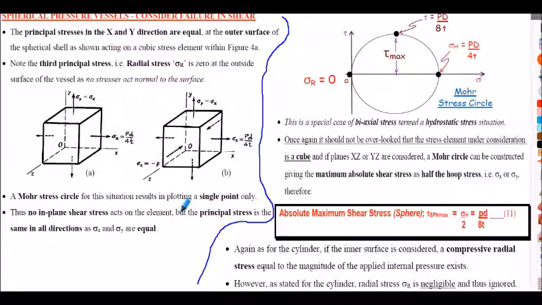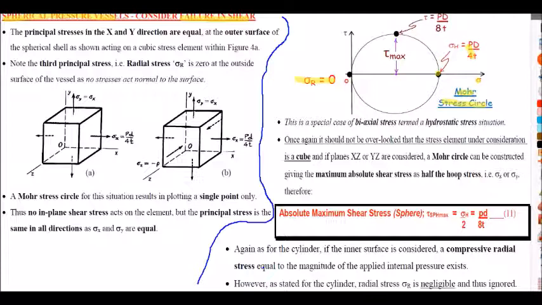And again, this relates to the failure of a spherical pressure vessel. This is considered failure in shear. If we go through the same process we looked at previously for cylinders, using a Mohr stress circle, this time we find that the hoop stress is PD upon 4t, so the maximum direct stress is PD upon 4t. The minimum stress is the radial stress, because that's 0 in this case.